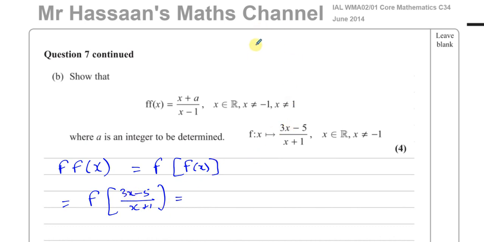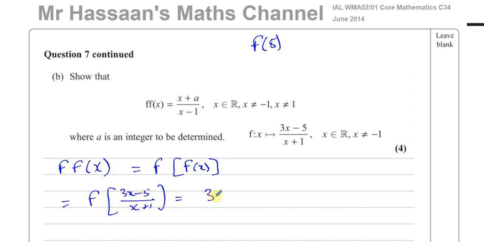So I'm going to replace the x in this function with this expression. Now, if you don't understand that, supposing I said find f of, say, 5. That means I would replace the x in this function with 5. So 3 times 5 minus 5 over 5 plus 1. Okay, so whatever's in this bracket replaces the x in this function. That's exactly what we're doing here. I'm replacing this x with 3x minus 5 over x plus 1.